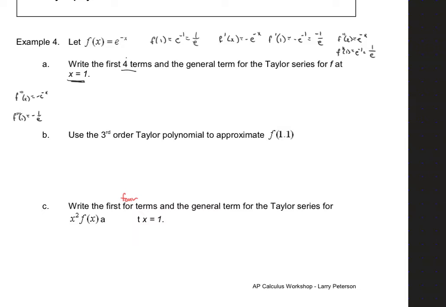So we want the first four terms, so we're going to say e to the negative x is going to be 1 over e, that's our f of 1, and then we're going to get plus f prime of 1, which we said is negative 1 over e, times x minus 1 to the first.